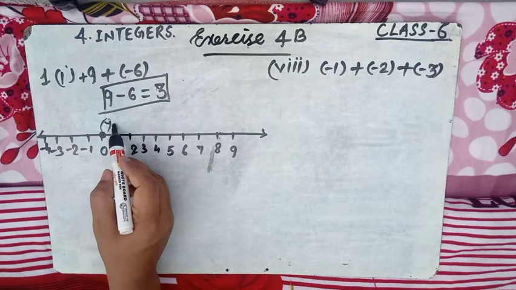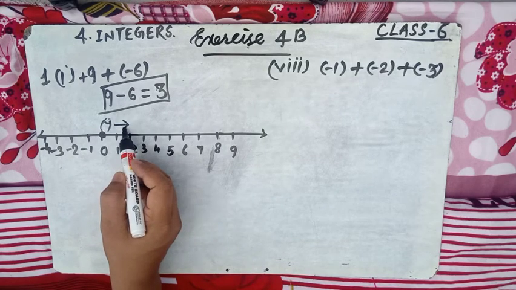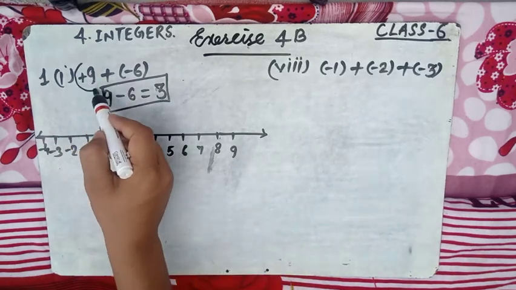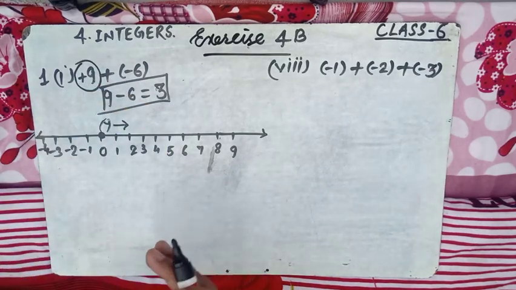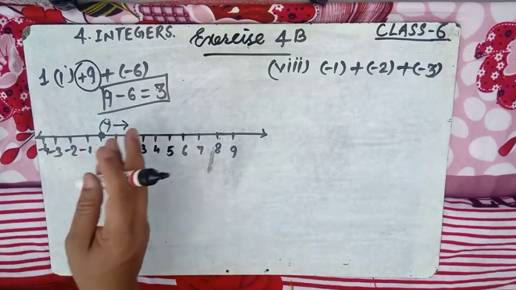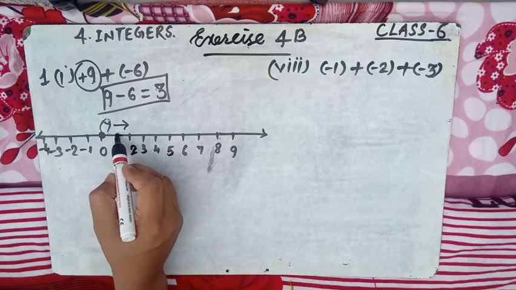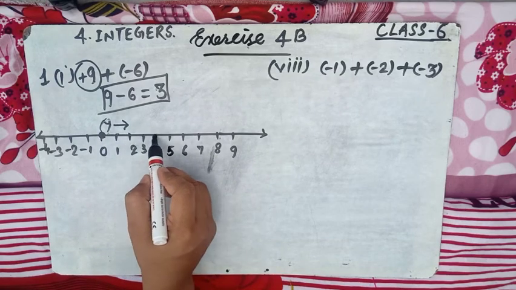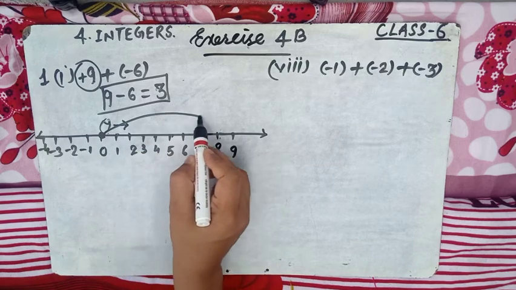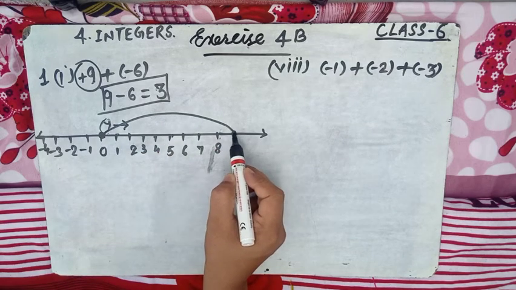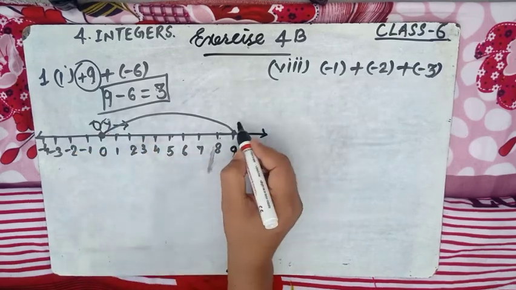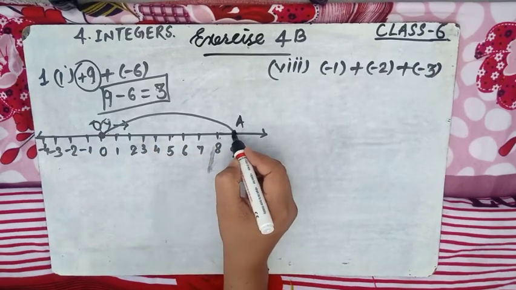The 9 tells us we move 9 steps to the right from 0: 1, 2, 3, 4, 5, 6, 7, 8, 9. We come here and mark a point. Suppose O is where we start and we approach A.